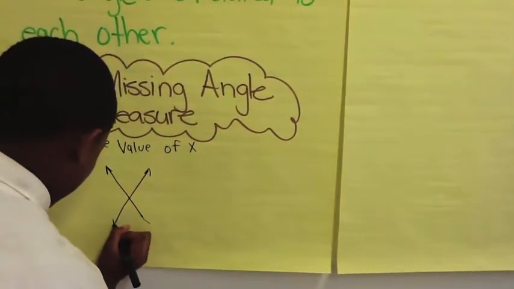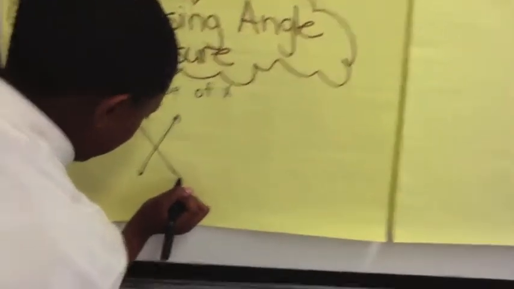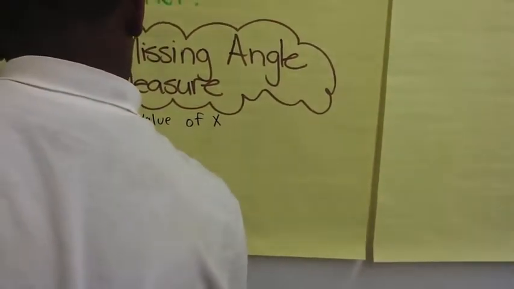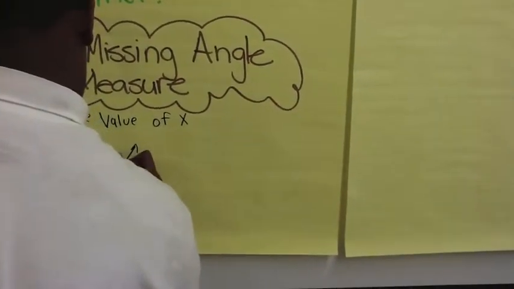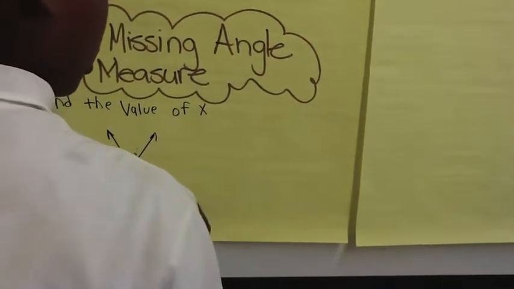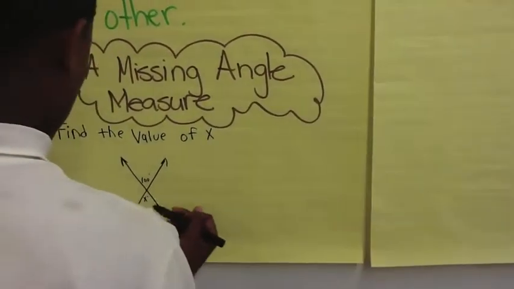If you notice, he's drawing 2 intersecting lines. Looks like an X right now. And he has his first angle. What's the measure of your first angle, Javante? 100. Good. And he has a second angle. What's the measure of the second angle?